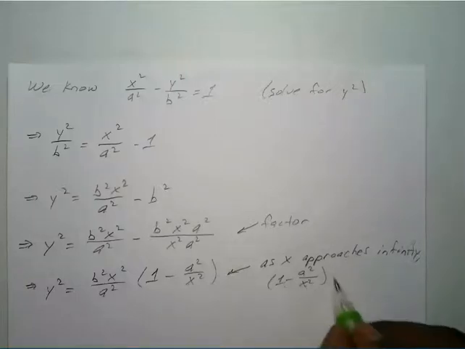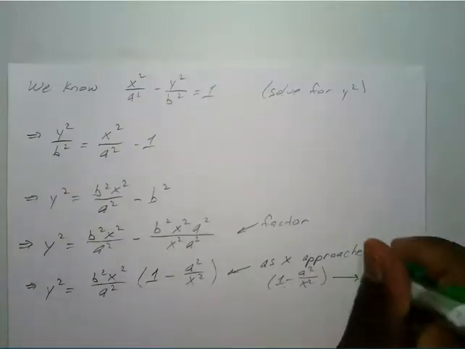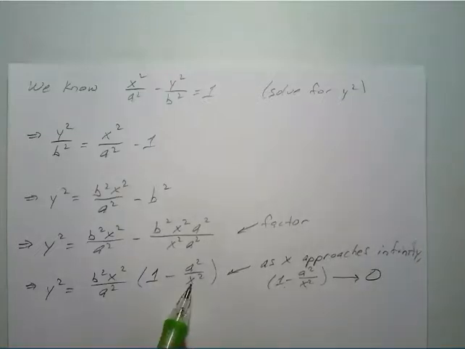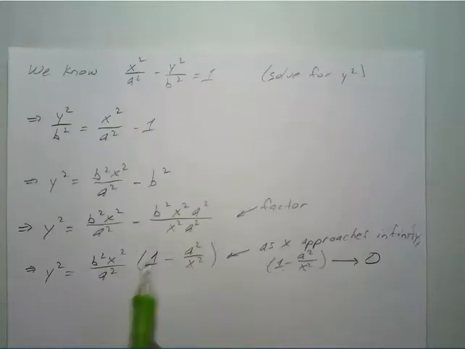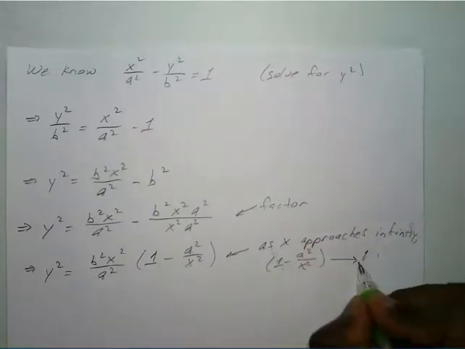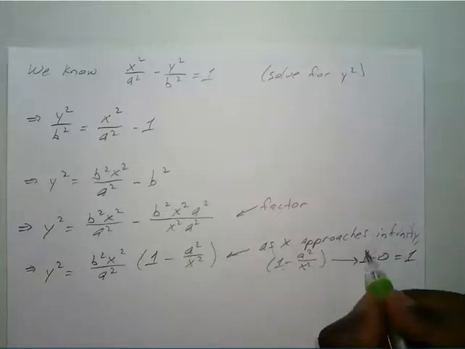So this just approaches 1. I mean 0, sorry about that. Because you have a constant over a number that's getting bigger and bigger. Okay, so 1 minus 0 is just 1. So this is just 1. Oh, actually, I was right on that one. It should be 1 minus 0, which is just 1. There we go. That's a little bit clearer.